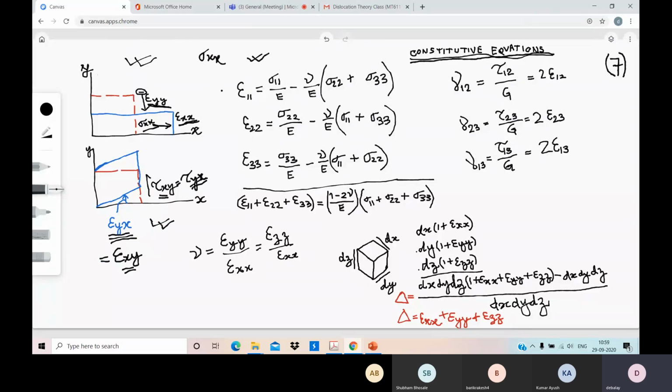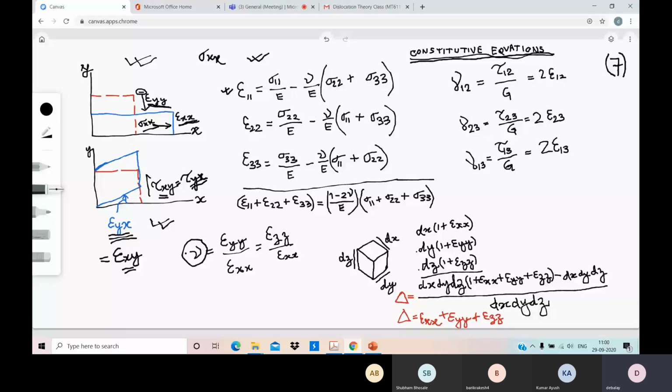You can see the first expression, epsilon 11 equals sigma 11 by E minus nu by E times (sigma 22 plus sigma 33). What is nu? Nu is the Poisson's ratio. Poisson's ratio is the ratio between the transverse strain and the longitudinal strain.